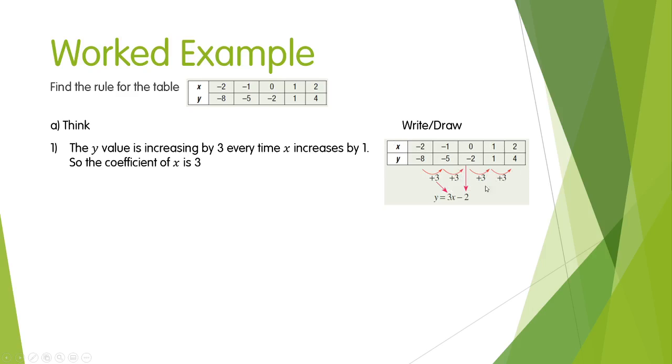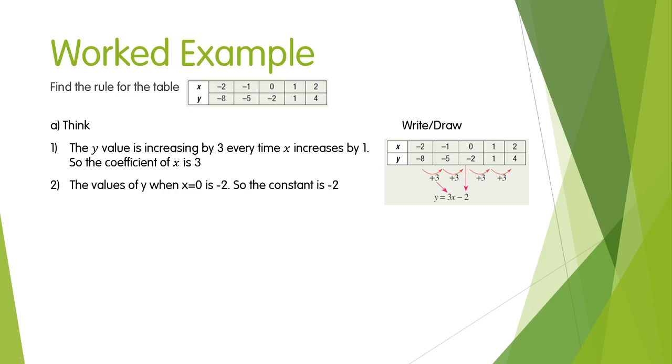And in your workings you would show this to me, showing that it's counting by 3s each step. So we know that the coefficient of x is going to be 3 because it's going up by 3s. So that gives us that 3 there. And our initial condition when x is 0, here's our minus 2, so that's our constant, minus 2.